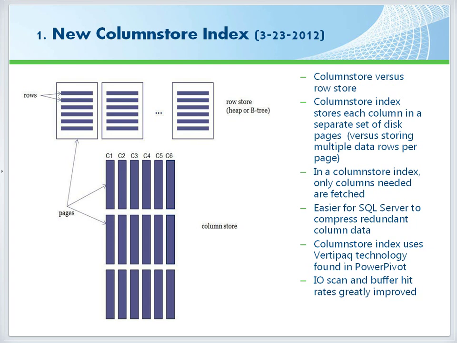The reason I say that, and this is something that's been talked about on blogs comparing to other database vendors, is that other database vendors have column store index capability as well, although it is more of a hybrid. This is actually a pure column store index. And so again, as we saw with the query a few minutes ago, the scan and the buffer hit rates are potentially going to be tremendous.